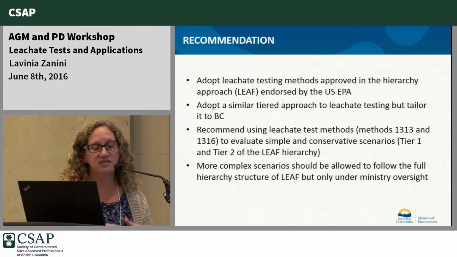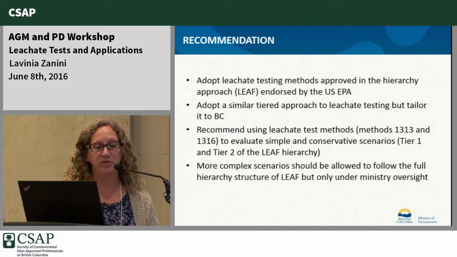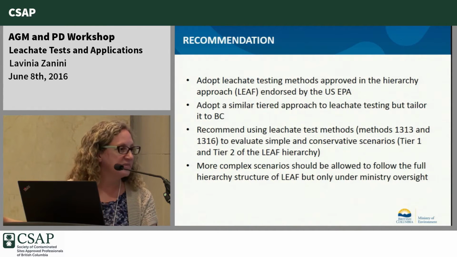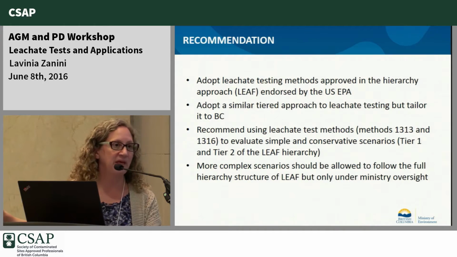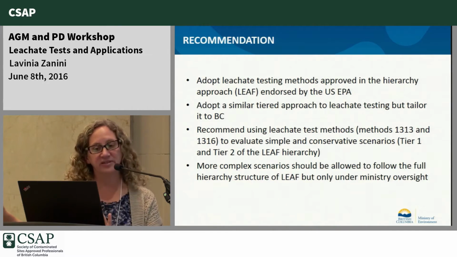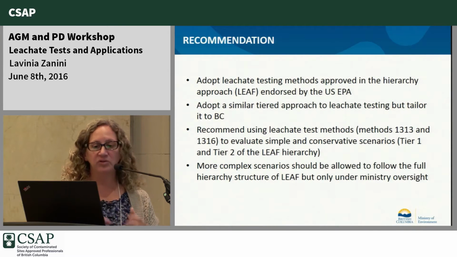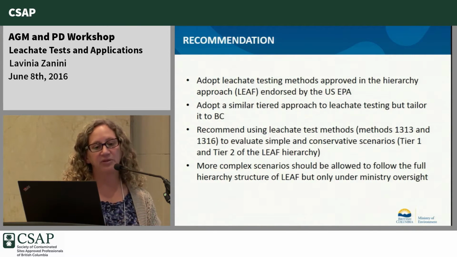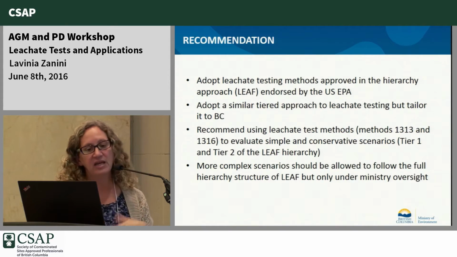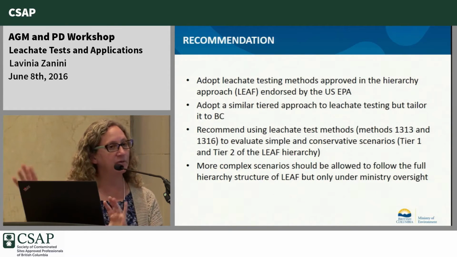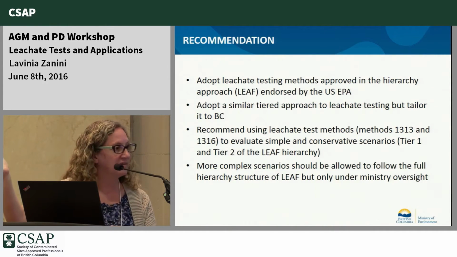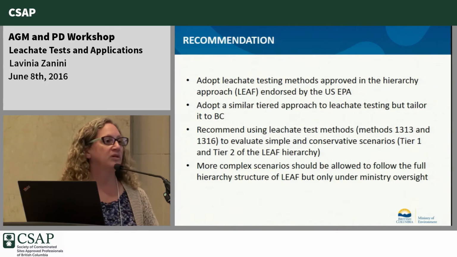We looked at the simplest tests, 1313 and 1316, and we're not looking at the column testing and the tank leaching methods because they're very long. Maybe just for complex sites we would do that. So we would look at methods 1313, 1316, and look at tier 1 and tier 2 of the LEAF hierarchy, and maybe we can allow the approved professionals to validate that and not worry.